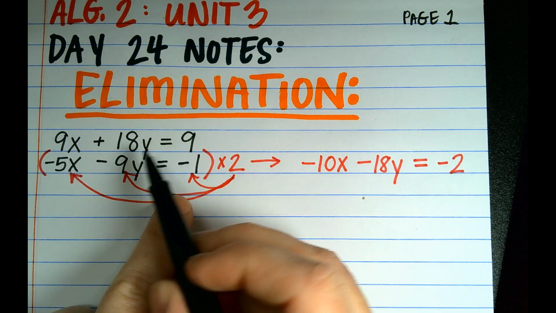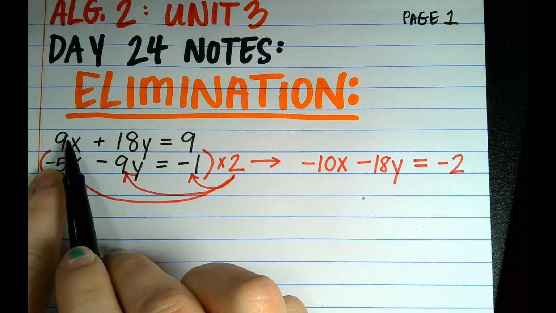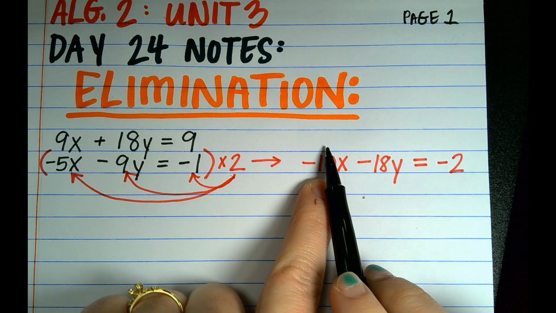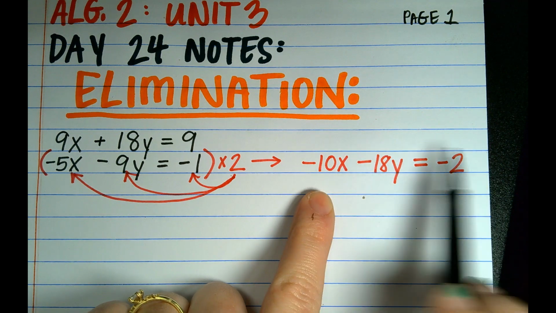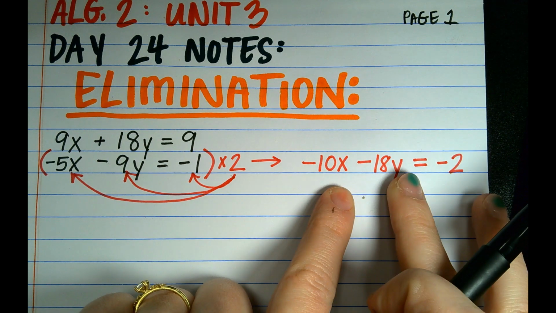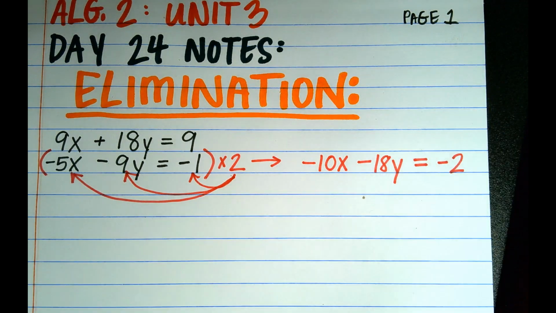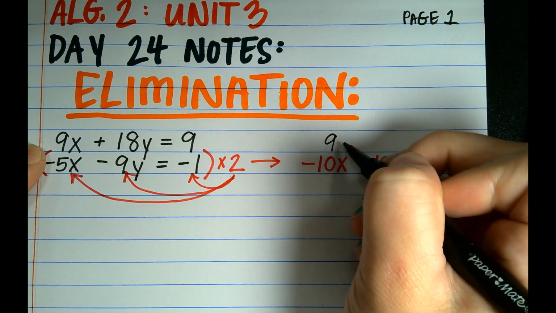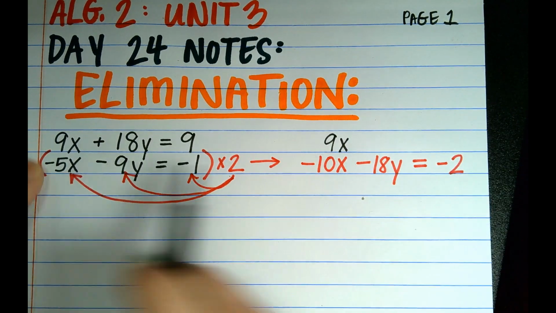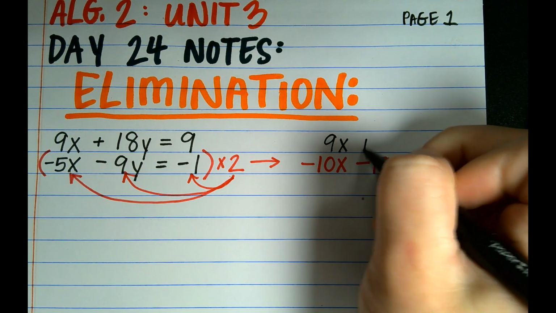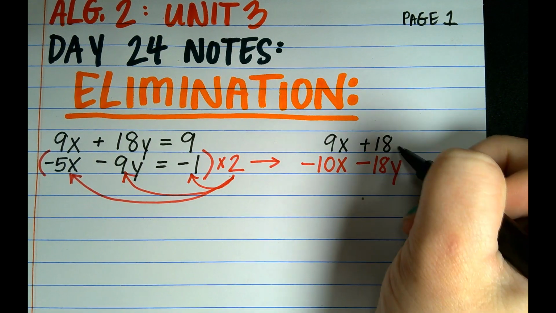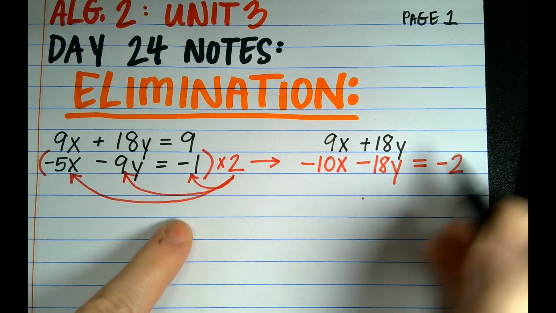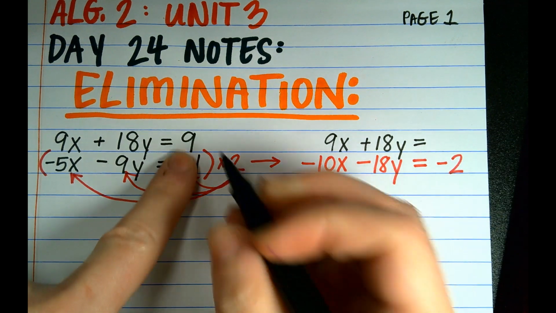So what I'm going to do now is also write my first equation again over here on top of this equation so that they're lined up really nicely. So on my first one, I have 9x plus 18y equals 9.